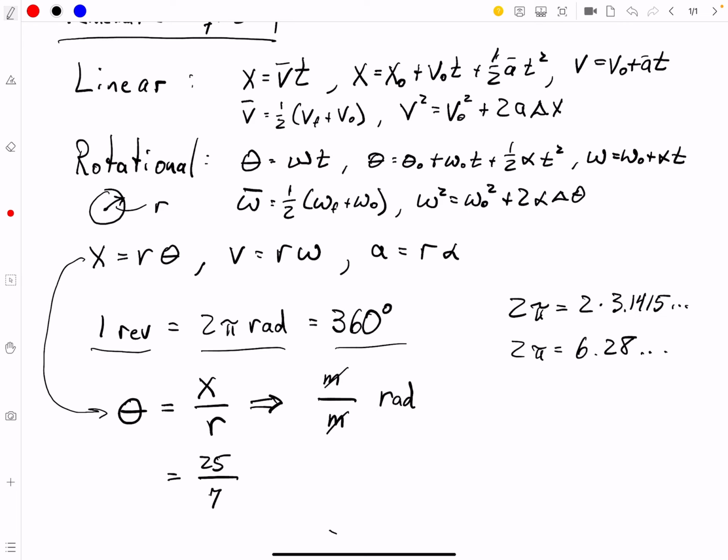Here's theta. That gives us 25 divided by 7 meters, whatever that happens to be. Let's do it. 25 divided by 7 is 3.57.